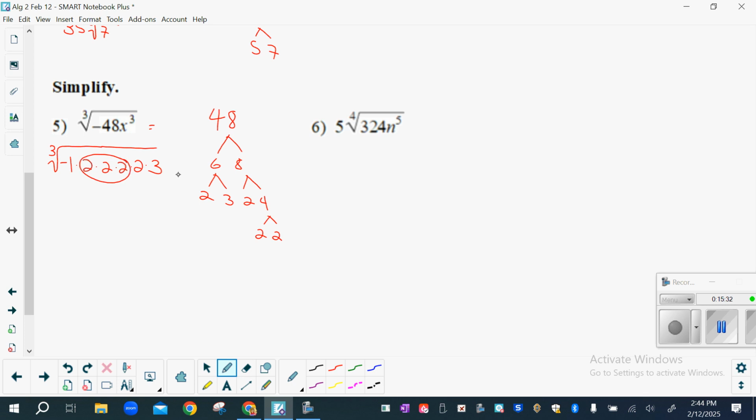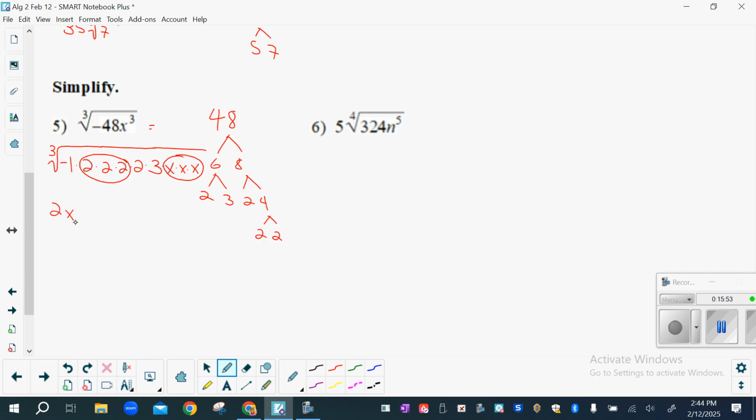Thank you. And we want to write the x's also in there, x times x times x. So we have a group of 2's and we have 3 x's also. Does that make sense? That makes sense why I wrote x times x times x? Okay. So the 2 and the x go on the outside.